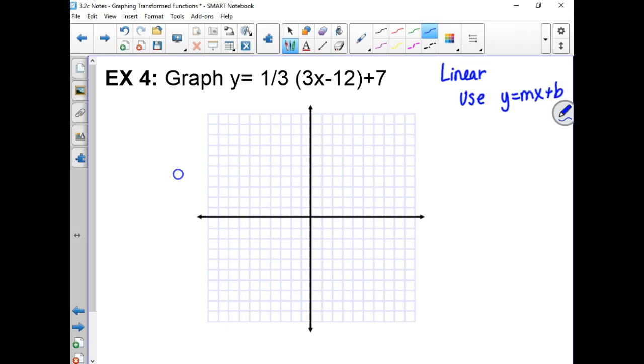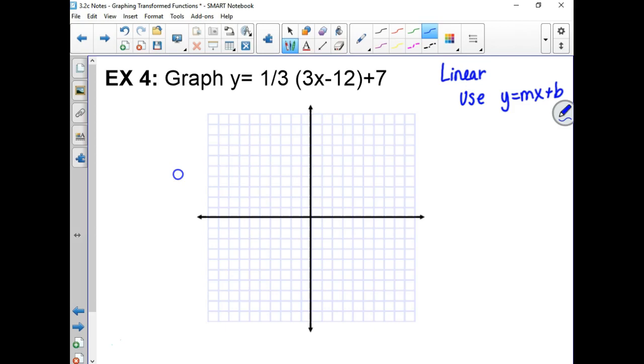Do not try to graph this using transformations. It can be done, but the likelihood that anyone in here, myself included, is going to do that transformation correctly after all of those things have happened to the line is pretty low. But if you use y equals mx plus b, it's really not a hard problem, or it shouldn't be if you remember what you're doing from Math 1. All right. So if you see a line, don't try to use transformations.